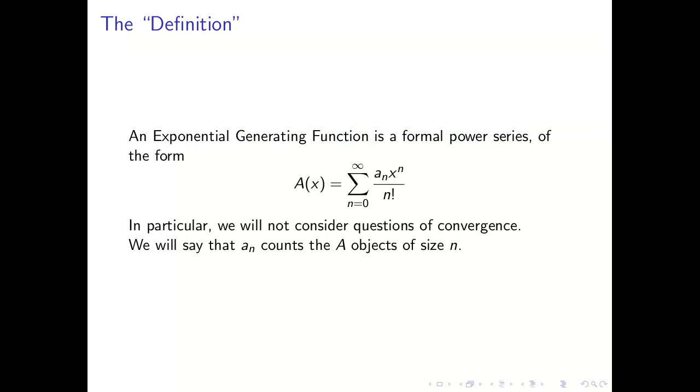It's not that convergence isn't an important topic, it is an important topic, but we're going to kind of ignore it because it's not going to really be that relevant for how we're going to use series. And so these a_n represent our objects of size n, whether we're talking about derangements or partitions or involutions or whatever.